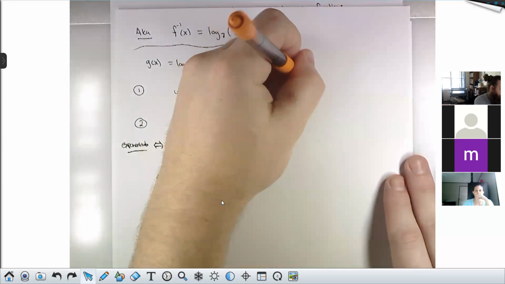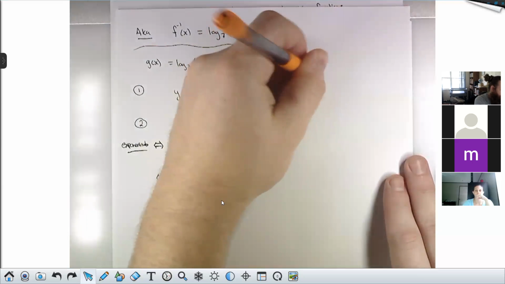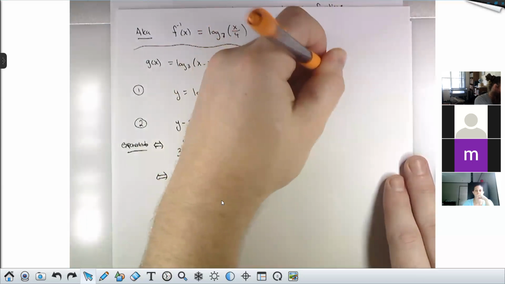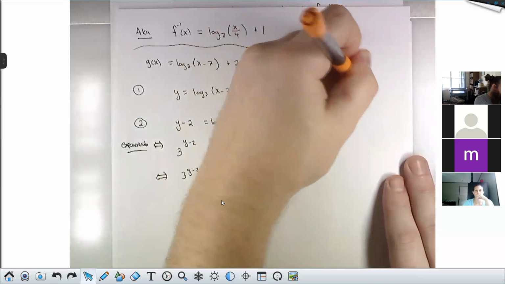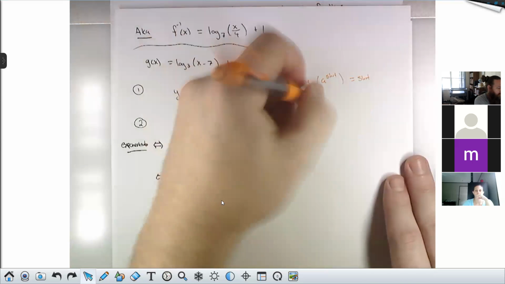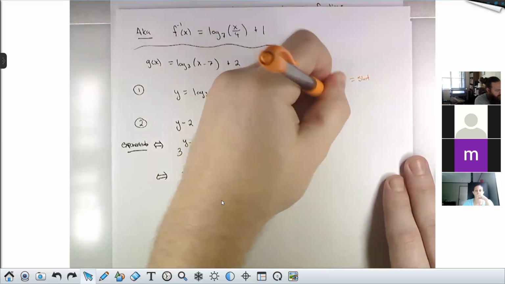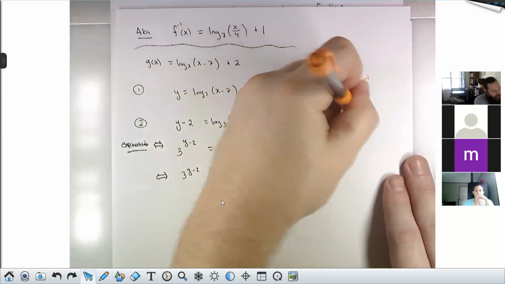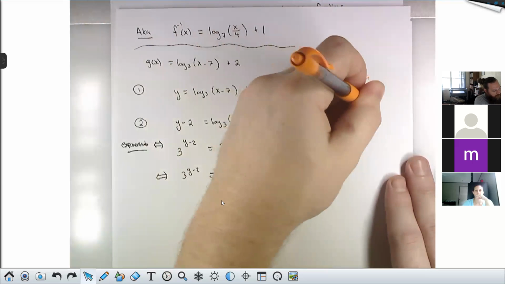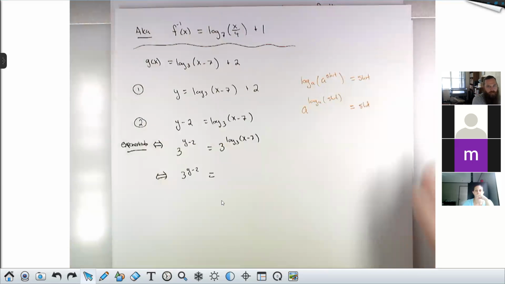So remember, if you've got the base a log of a to some expression, that will always just be the expression. And if you have a raised to the base a log of some expression, that will also just simplify to the expression. This is another way of saying that these functions are inverses, right?